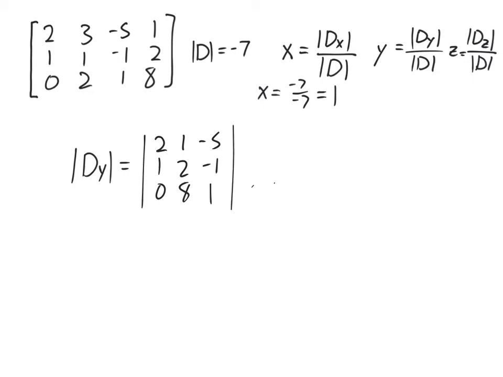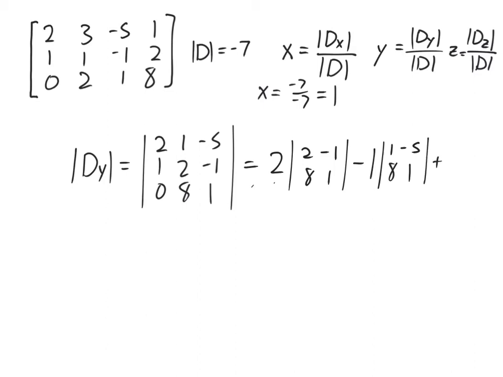And now, since this one has a 0 column, I'm going to use this column to solve this determinant. So that's going to be 2 multiplied by 2, negative 1, 8, 1, minus 1 times 1, negative 5, 8, 1, and then plus 0 times who cares.